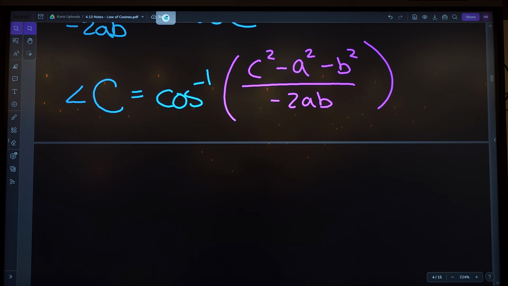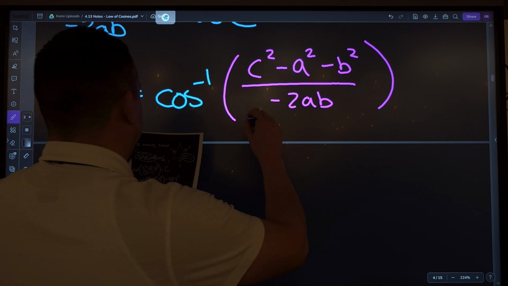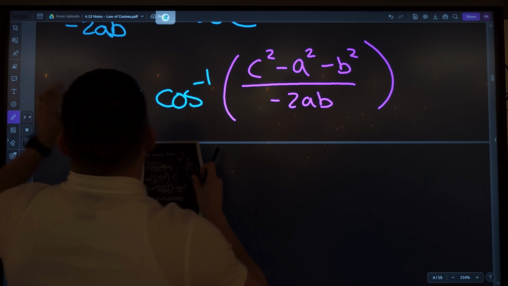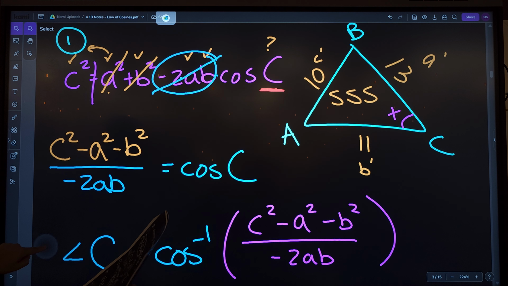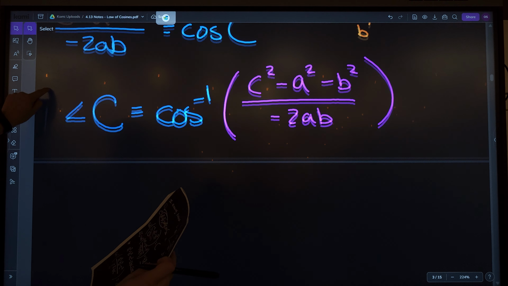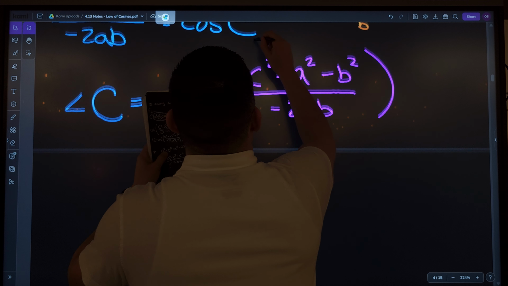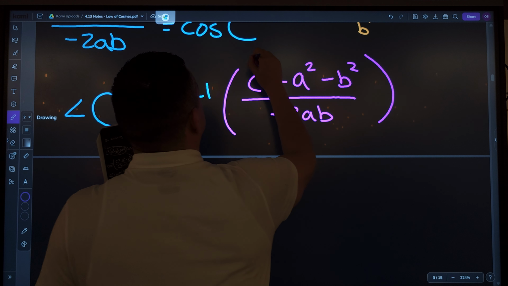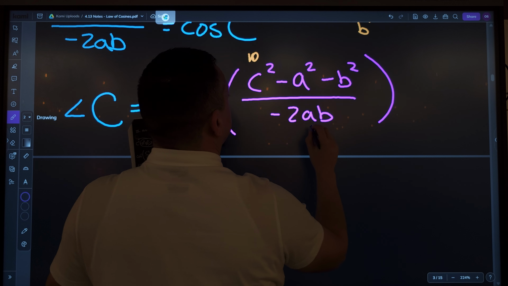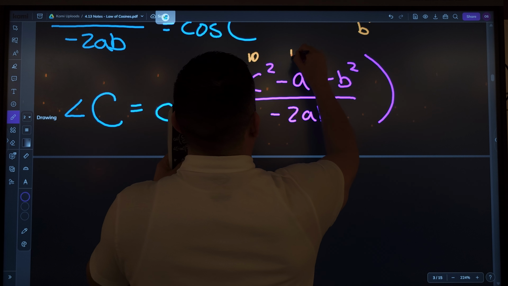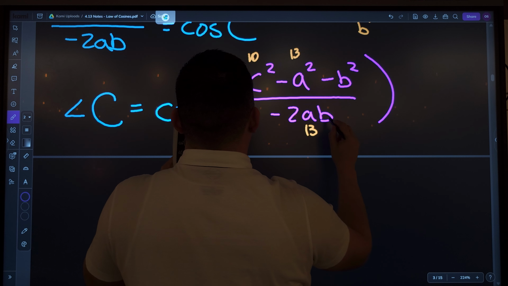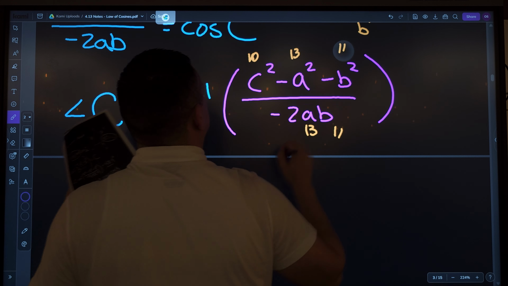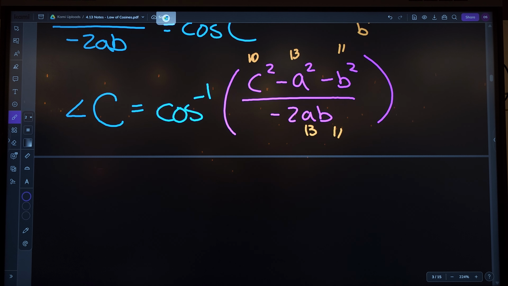So with this calculator, you have to be careful. The numbers: C is 10, A is 13, B is 11.